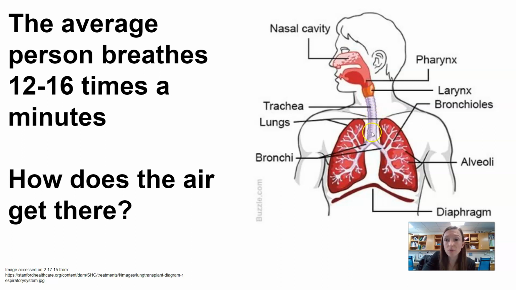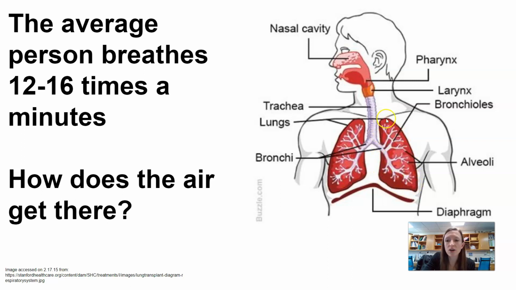The bronchus is going to break up into two branches. These branches are called bronchi, which is plural for bronchus, and those branches break up into smaller branches of tubes. These are really just tubes in your body to move air into your lungs.